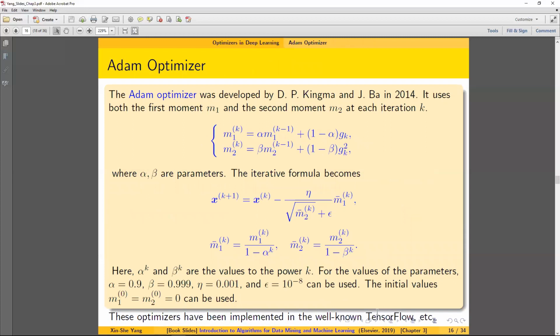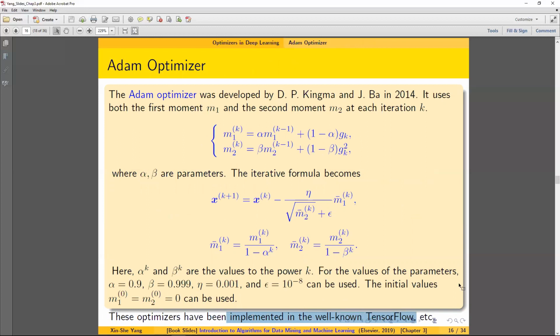Adam optimizer. Now you see a lot of optimizers that are named by different people. But at the end of the day, it's just an iterative process. And this one is specifically implemented in TensorFlow.